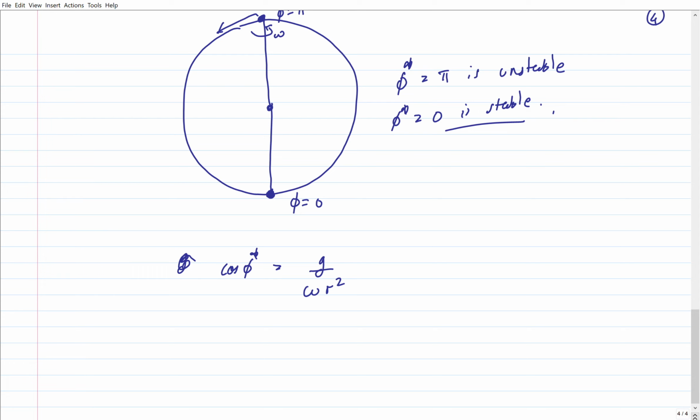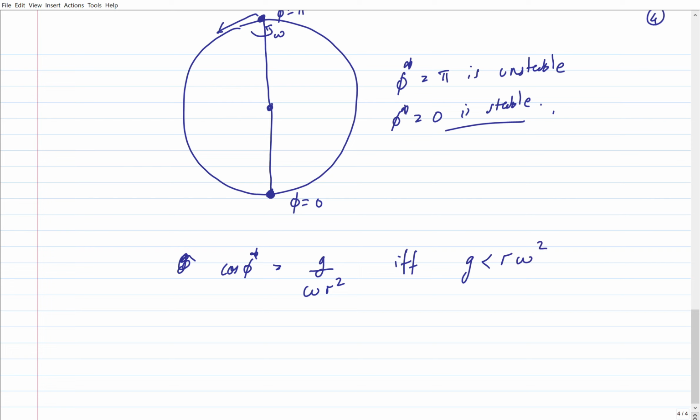Now this has solutions if and only if g is less than r omega square.